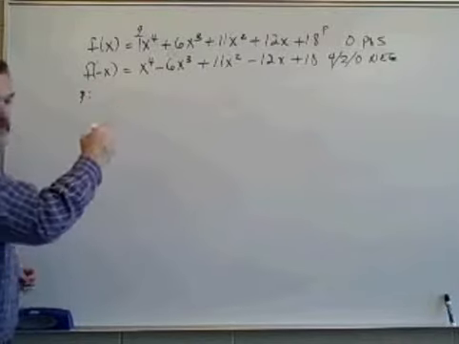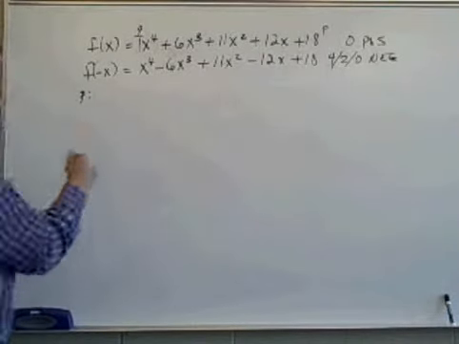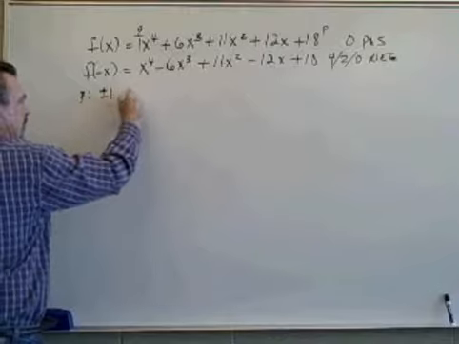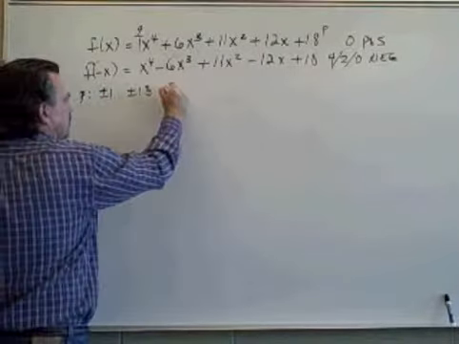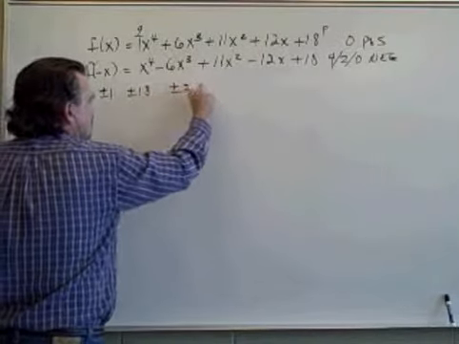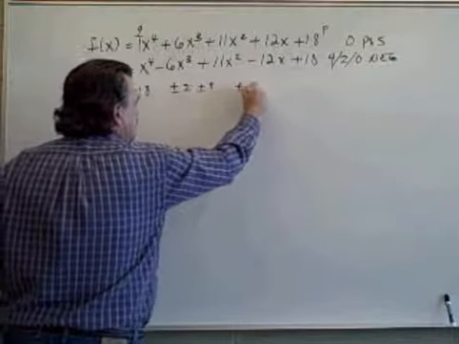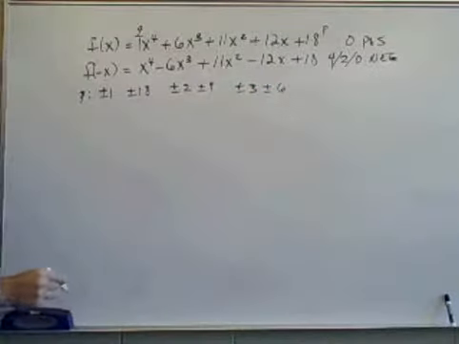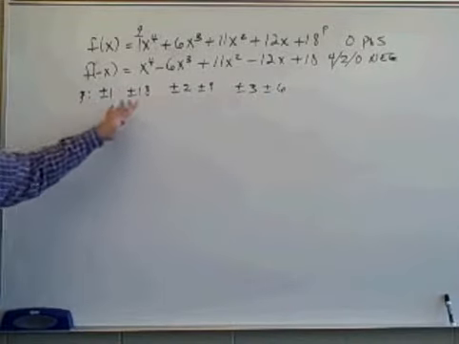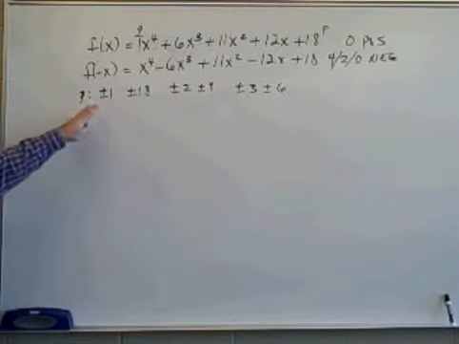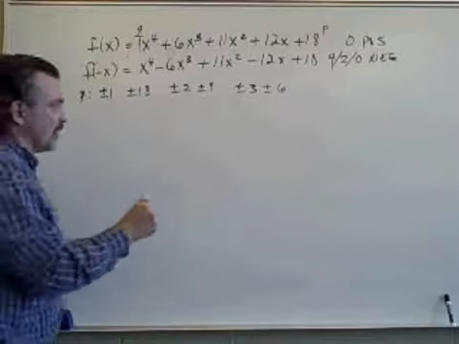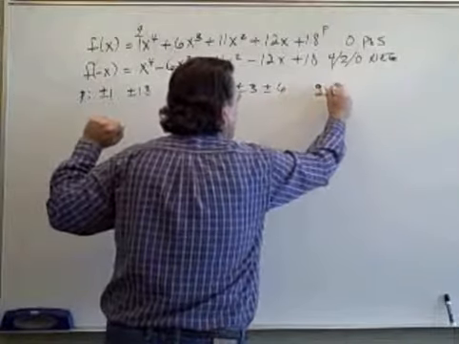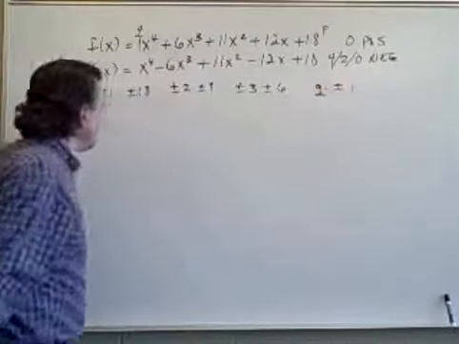But I have quite a few p values, plus or minus 1, plus or minus 18, plus or minus 2, plus or minus 9, plus or minus 3, plus or minus 6. And aren't these also going to be my p over q values? If my q value is just 1, the q value is just plus or minus 1.